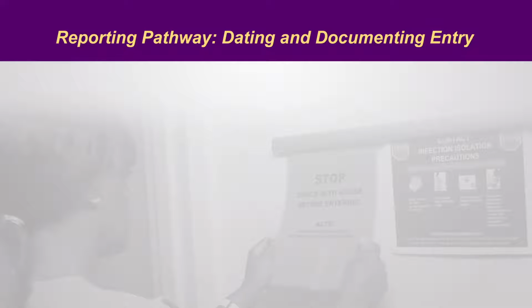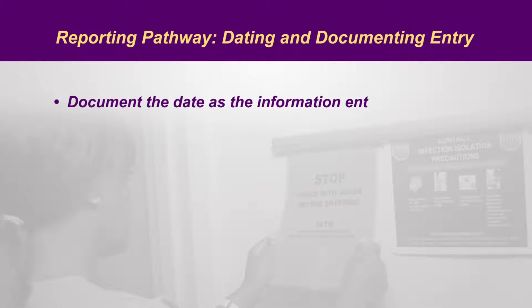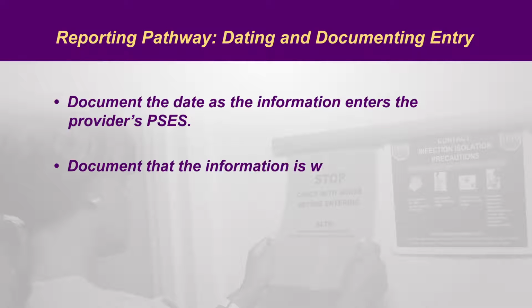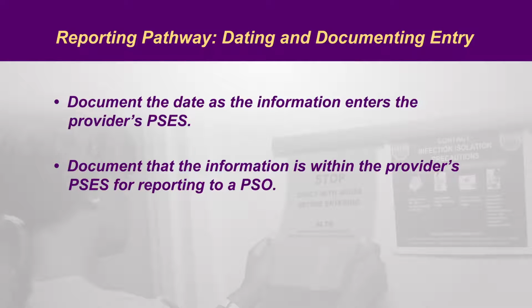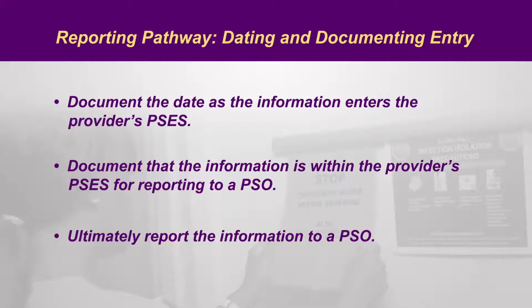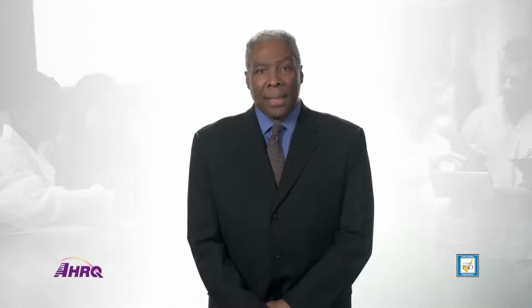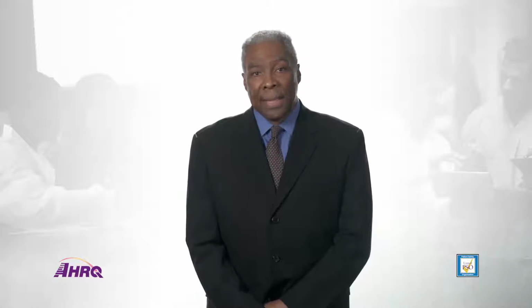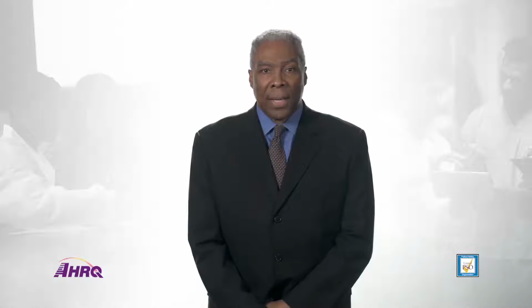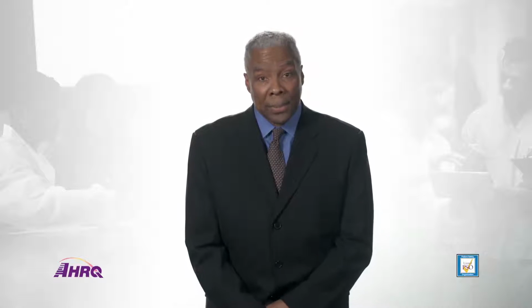Specifically, this means document the date as the information enters the provider's PSES, document that the information is within the provider's PSES for reporting to a PSO, and ultimately report the information to a PSO. Such information must also meet the general requirements of the reporting pathway: the information could improve patient safety, healthcare quality, or healthcare outcomes, and the information was assembled or developed for reporting to a PSO.